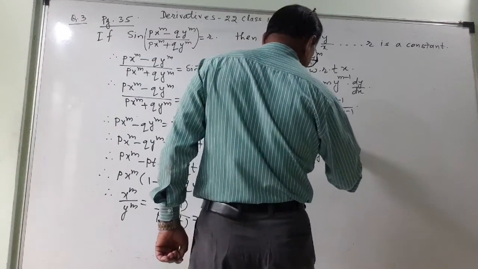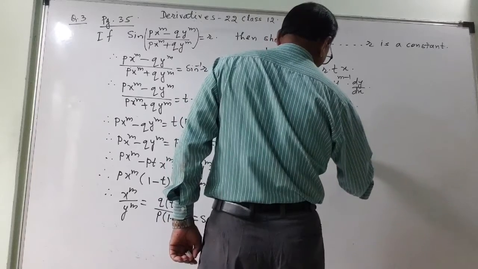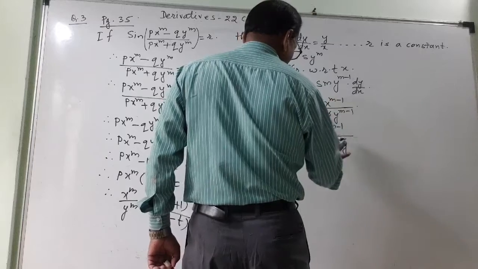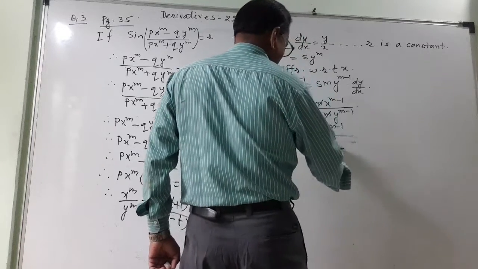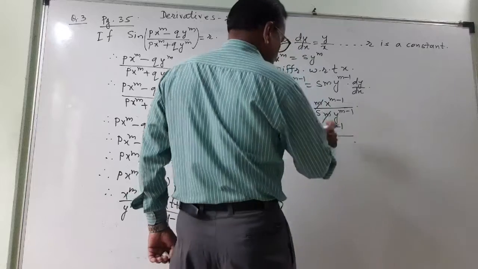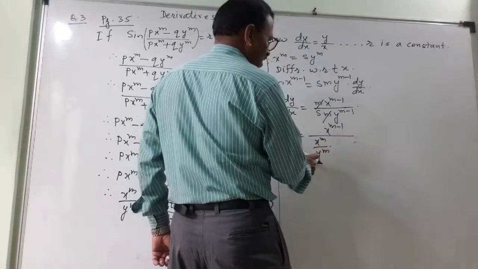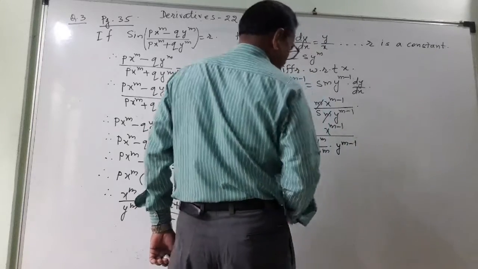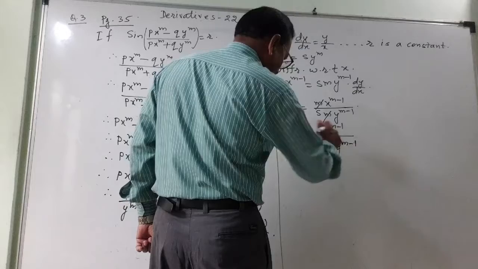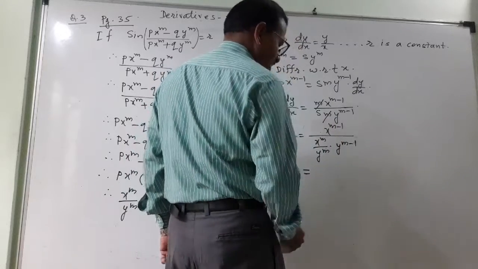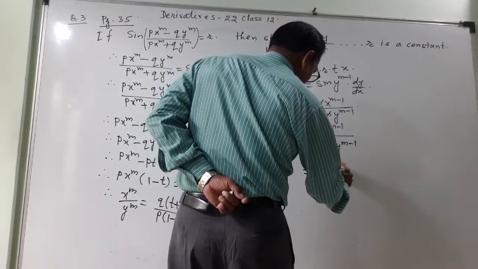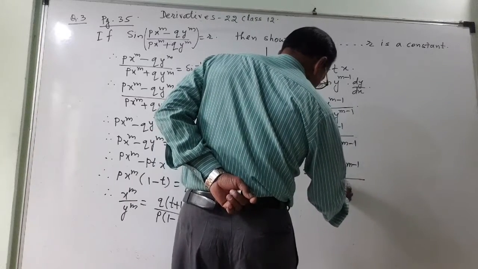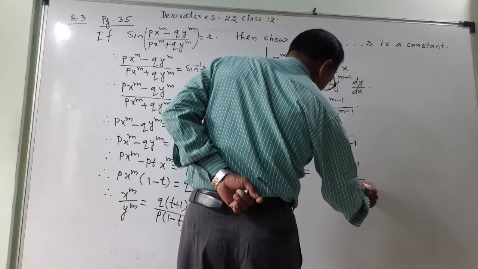The m's cancel. So it becomes y^m into x^(m−1) upon x^m into y^(m−1).